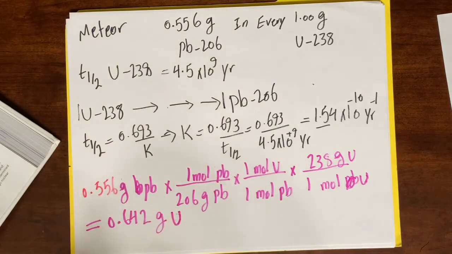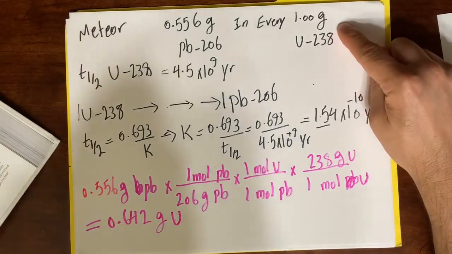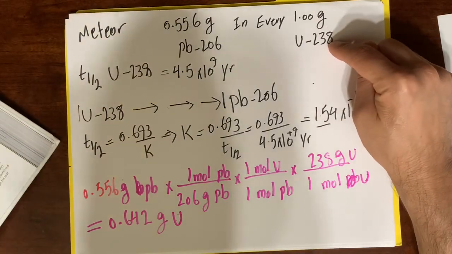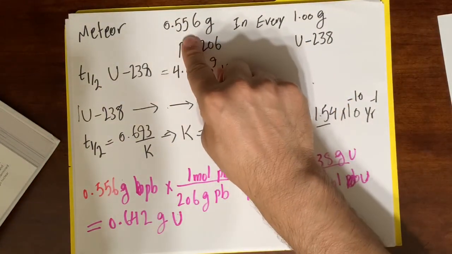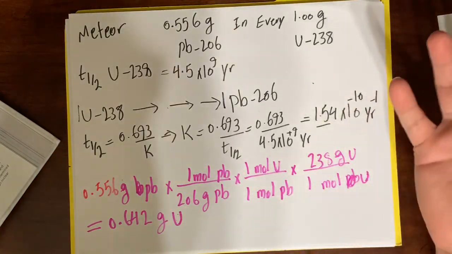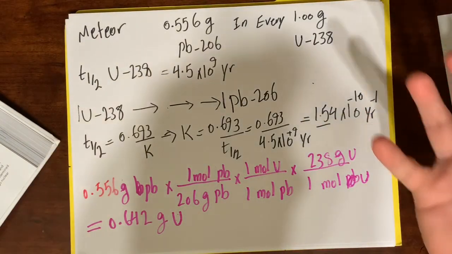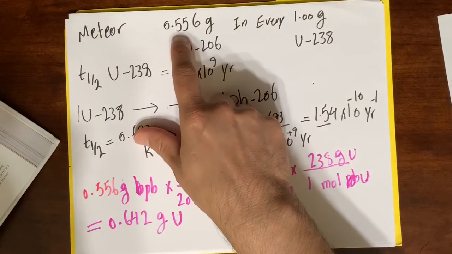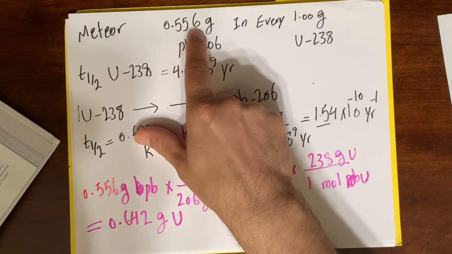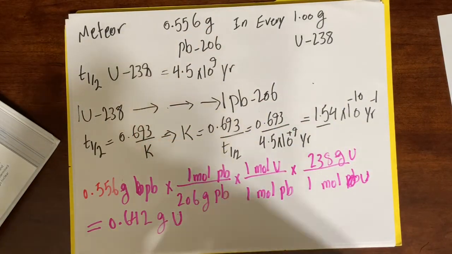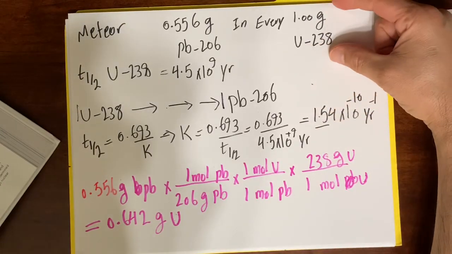We need to start with this. Okay. Now let's get back to this part. It says in every 1 gram of uranium, we have that amount of lead. Remember, if you pick 1 gram of uranium and you find 0.556 gram of lead in it, that means you had more uranium.